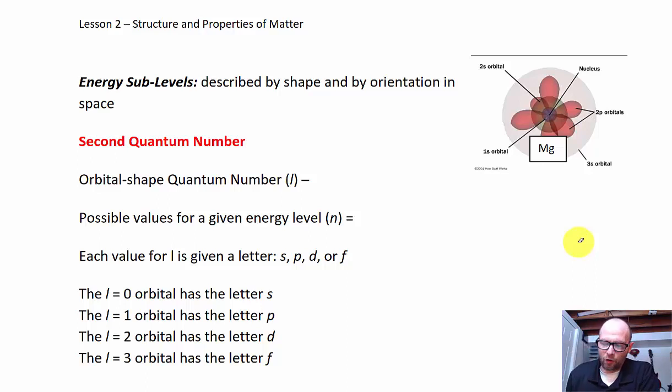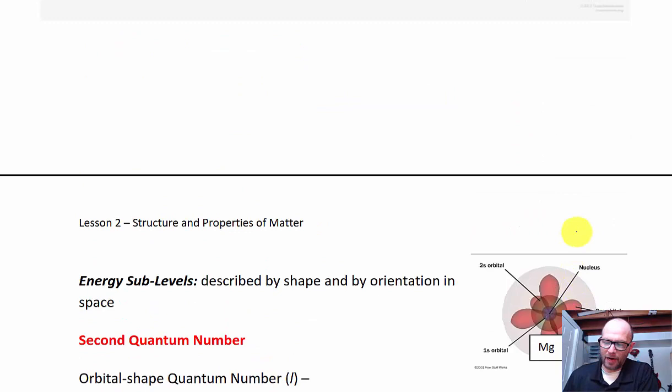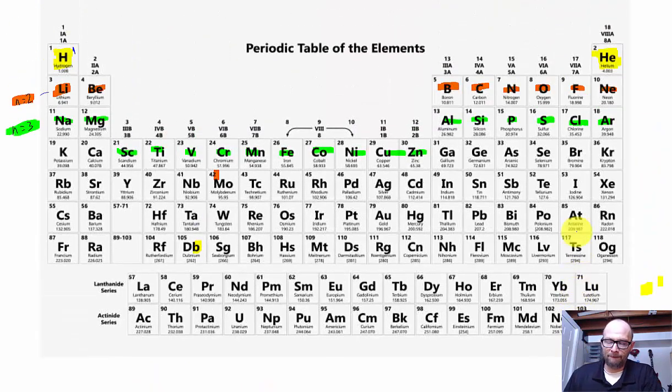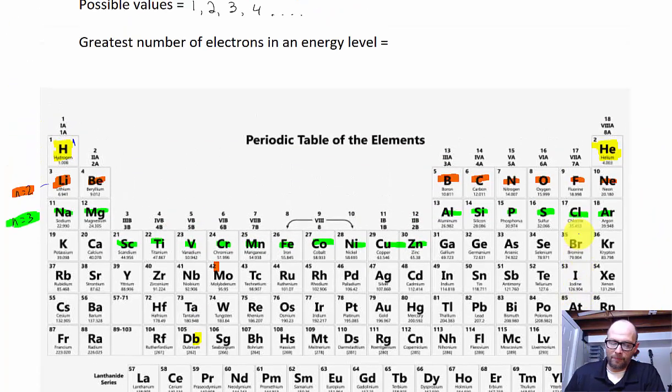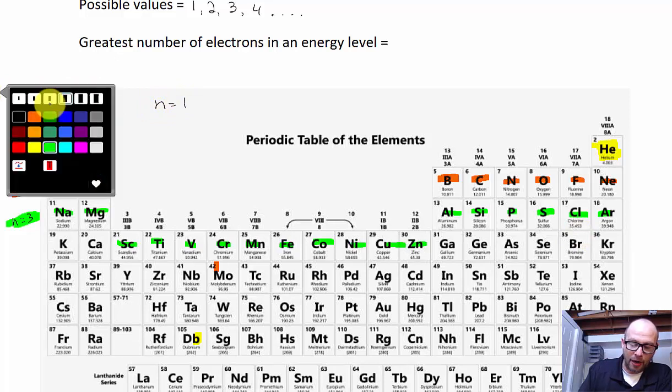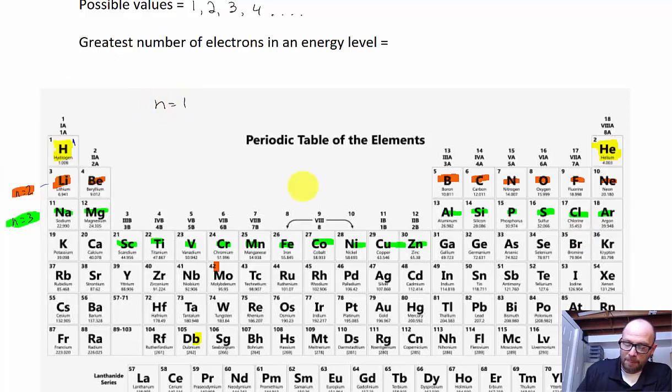In the quantum mechanical model, the second quantum number is the orbital shape number. If we go back to our periodic table, the first energy level, n equals 1, the elements highlighted with yellow have their valence electrons in the first energy level, n equals 1.